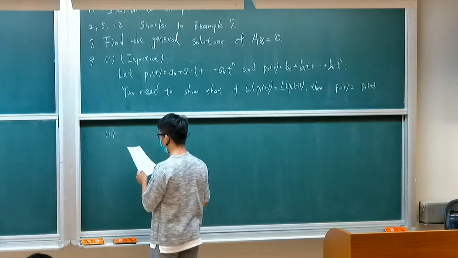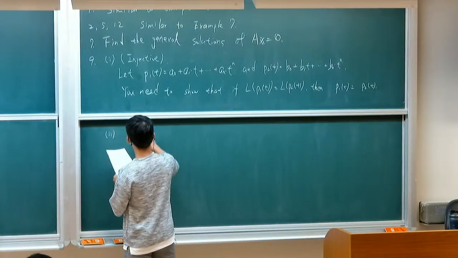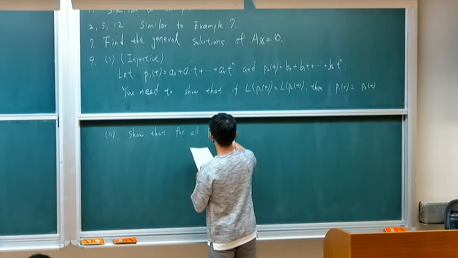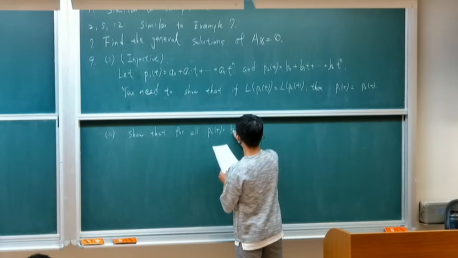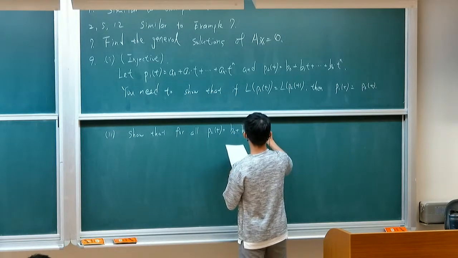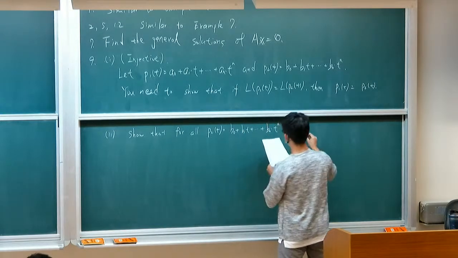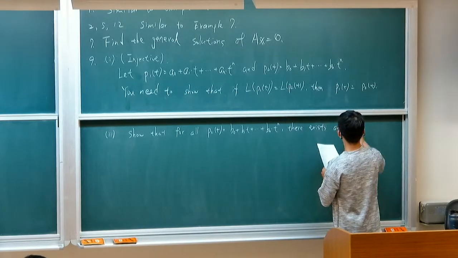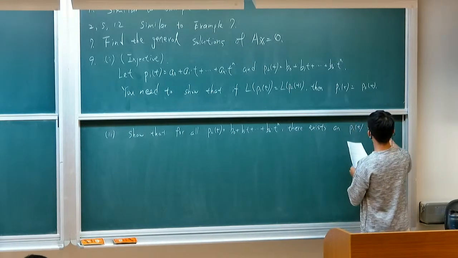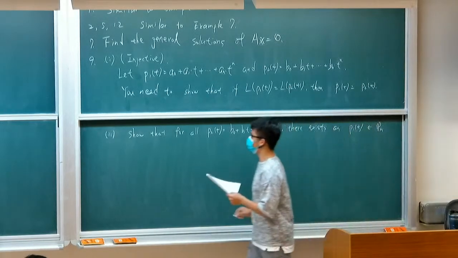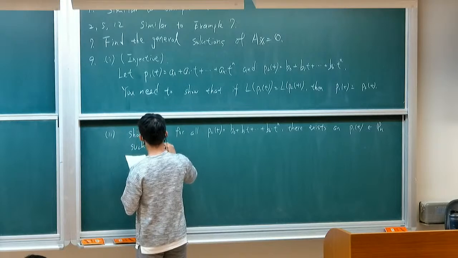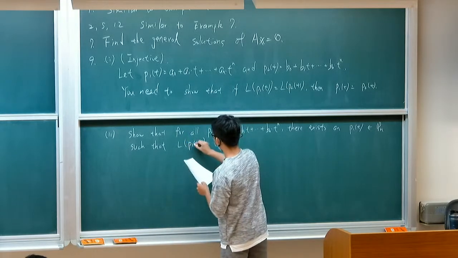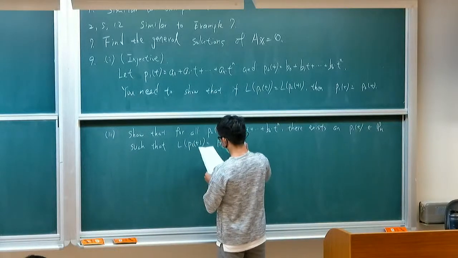Here, if you want to show that L is surjective, then you need to show that for any P2 of t, which equals B0 plus B1 times t plus all the way to Bn times t to the power of n, there exists a P1 of t in Pn such that L of P1 of t is equal to P2 of t.